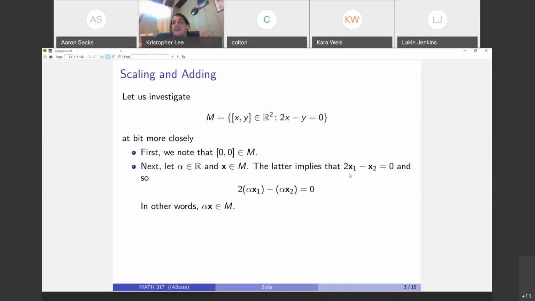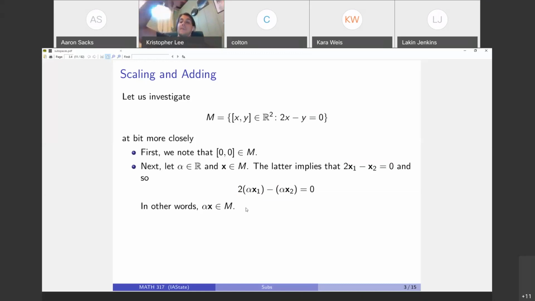Now, if I take this equation and scale it by alpha, I can arrange the alpha on the left-hand side to make it look nicer. 0 times alpha is 0, so it doesn't show up on the right-hand side. But now note, alpha x1, alpha x2 satisfies the equation, so alpha x must be an element of M.